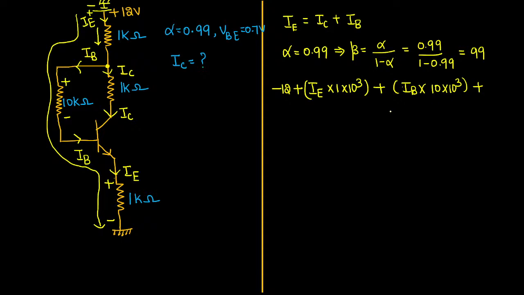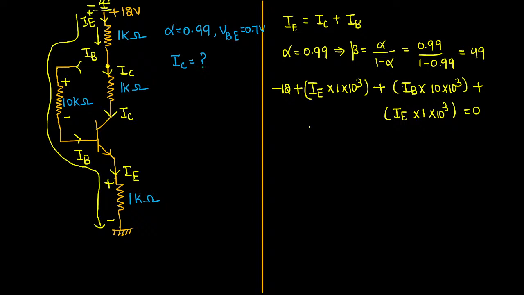Plus the next one, again emitter current IE, the same current, into the resistor, which is 1 kilo ohm. So 1 means 1 into 10 power 3. I hope we have added all the parameters. It will become 0 now.